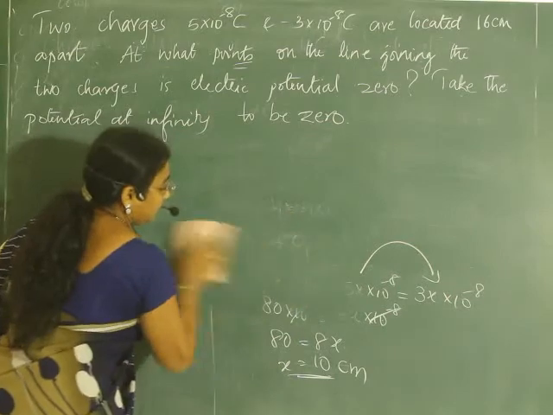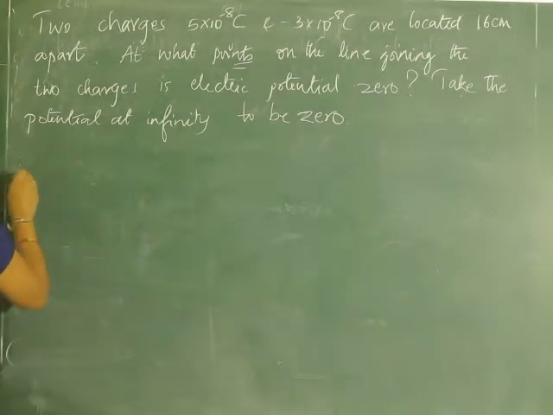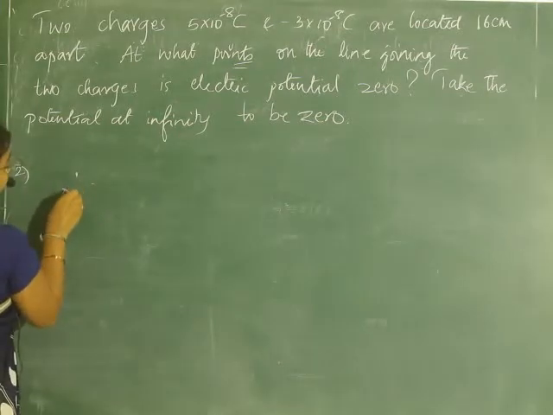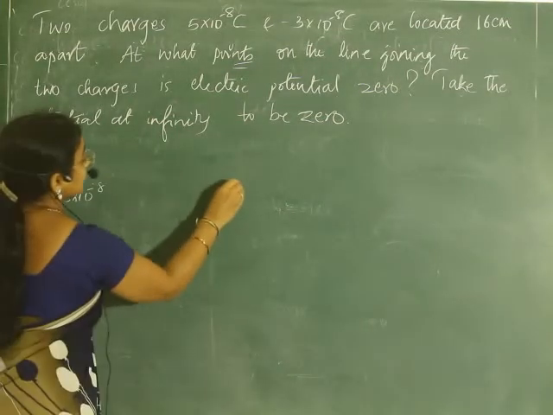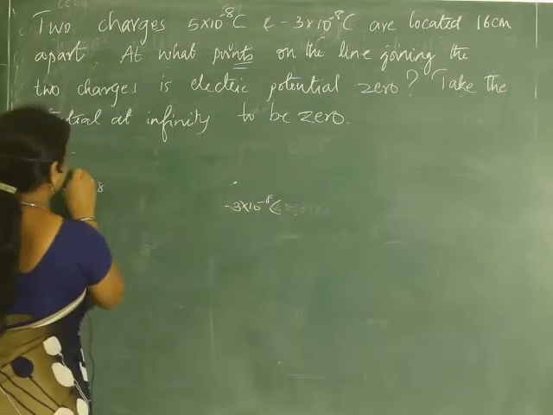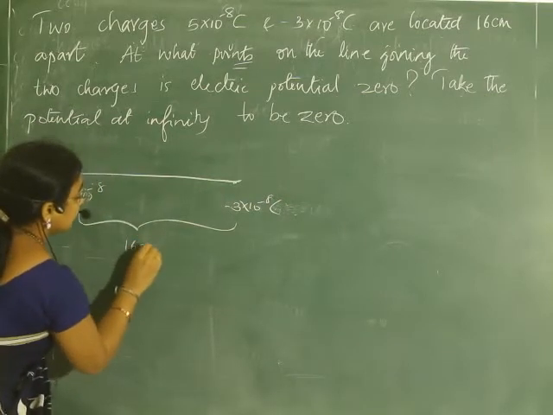Next, one more, where it is 0, you have to find out now. Can you help me to say where it is 0? Second one. 5 into 10 to the power minus 8 and minus 3 into 10 to the power minus 8 coulomb. The line joining them is 16 centimeter.